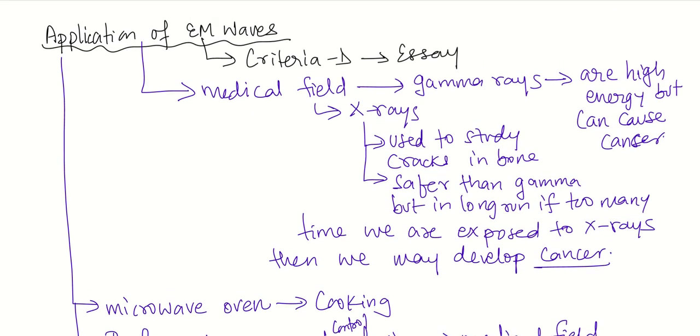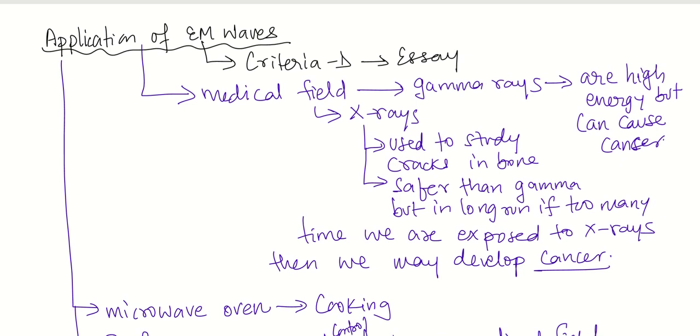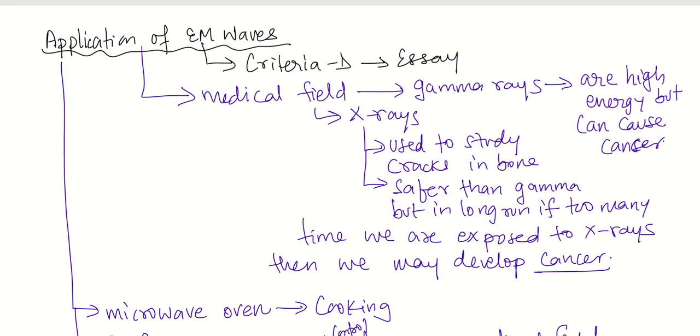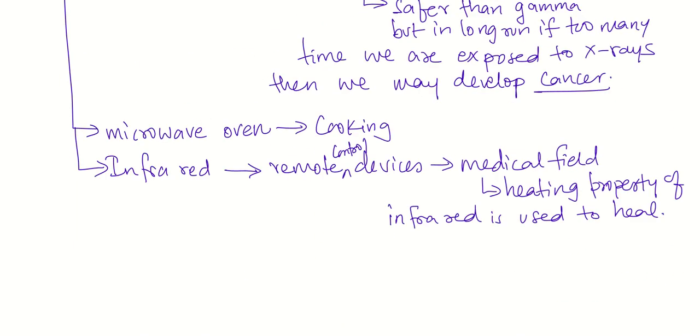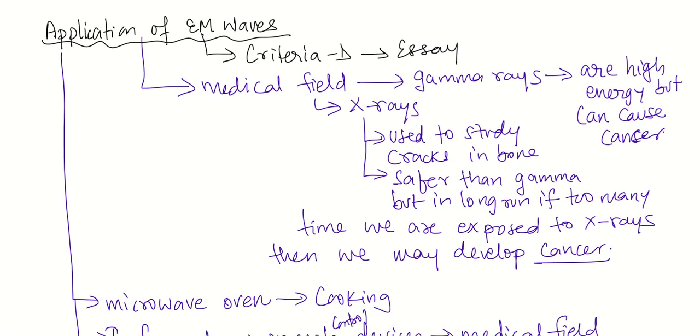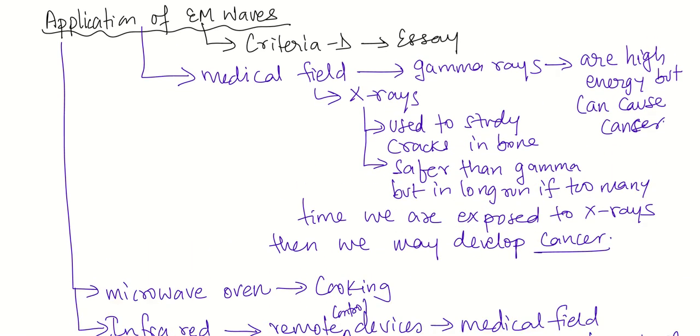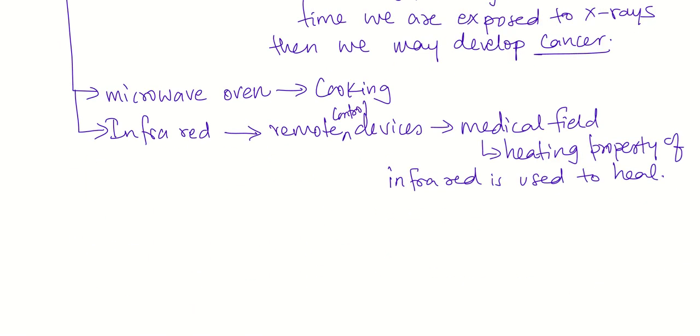So you can read your essay also, because in your essay you have a lot of points, and they are very important points that you have written. You also know the advantages and disadvantages of EM waves. Okay, so you have done that also.